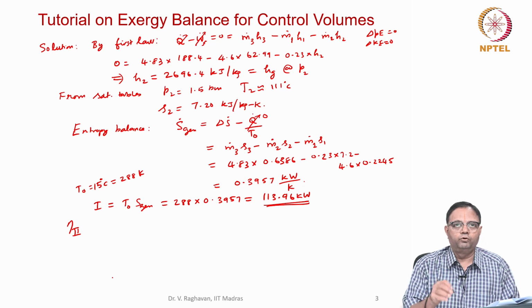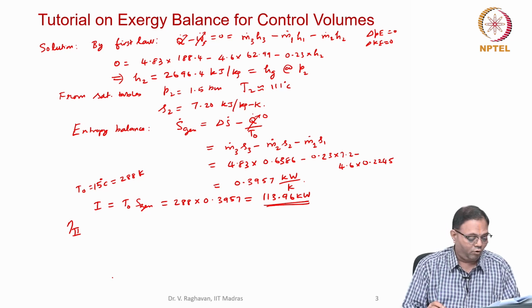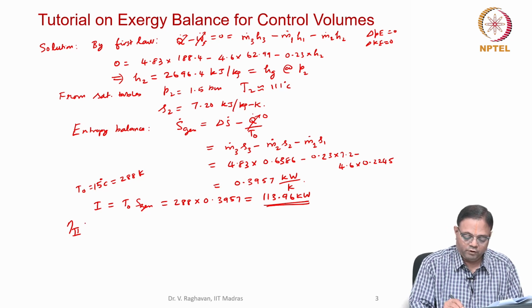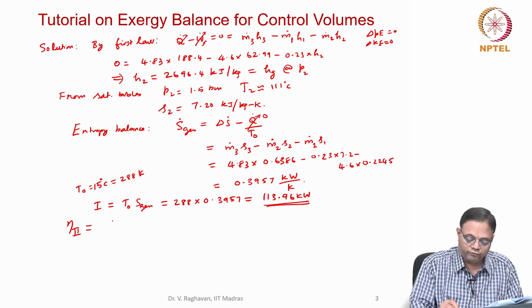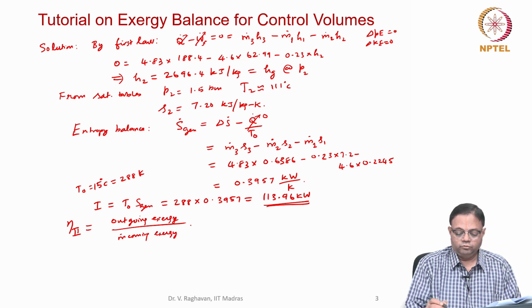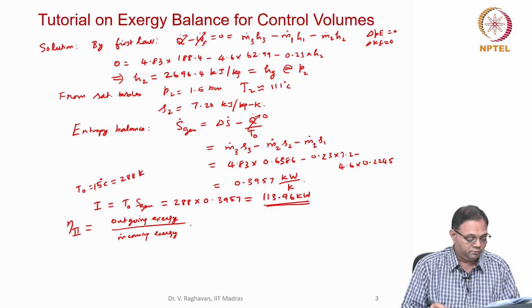But here there is no work involved, so we can find the second law efficiency as the ratio of the outgoing exergy divided by the incoming exergy. Okay, so this is one way to do.